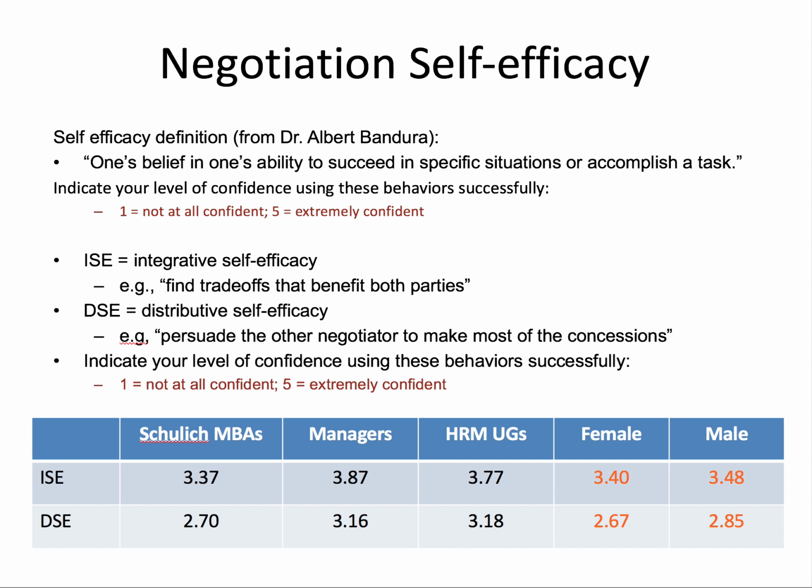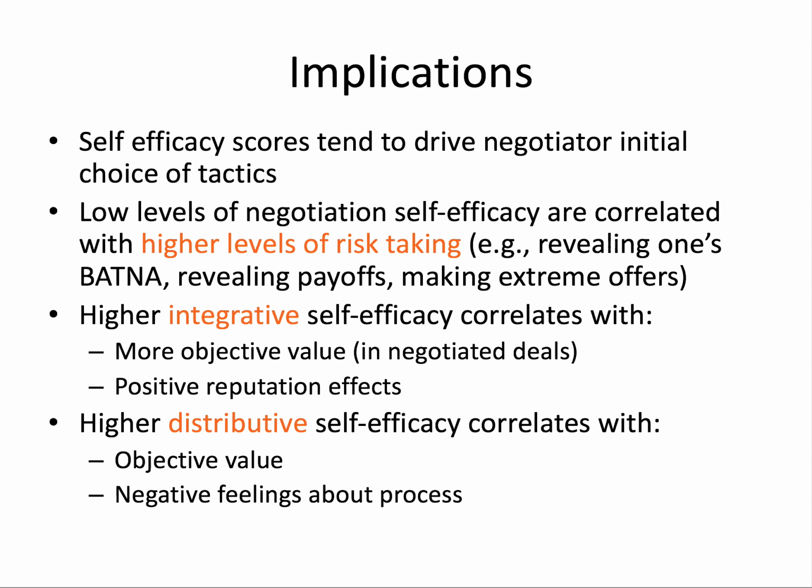So let's see what some of the implications, according to the research, are from our negotiation self-efficacy. Well, here's what we know. We know that self-efficacy scores tend to drive your initial choice of tactics. So as you enter a negotiation, you will choose to behave in a given way depending on where you feel more confident. Low levels of negotiation self-efficacy are correlated with higher risk-taking behaviors.